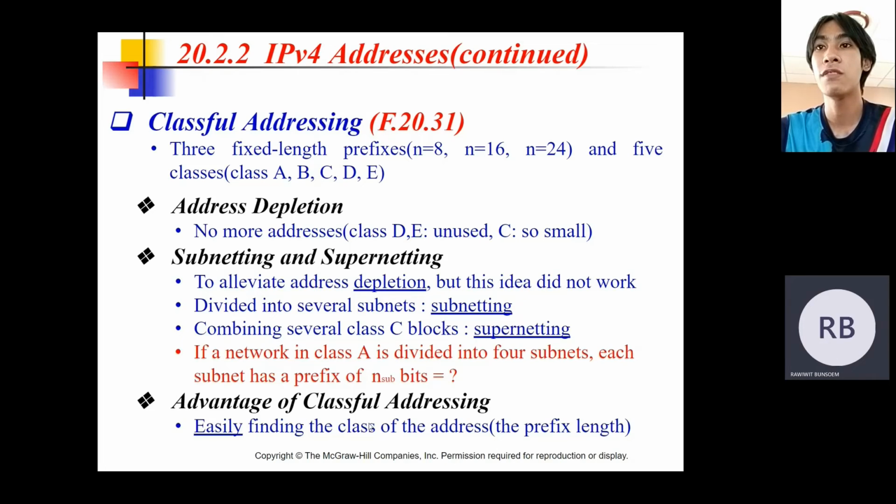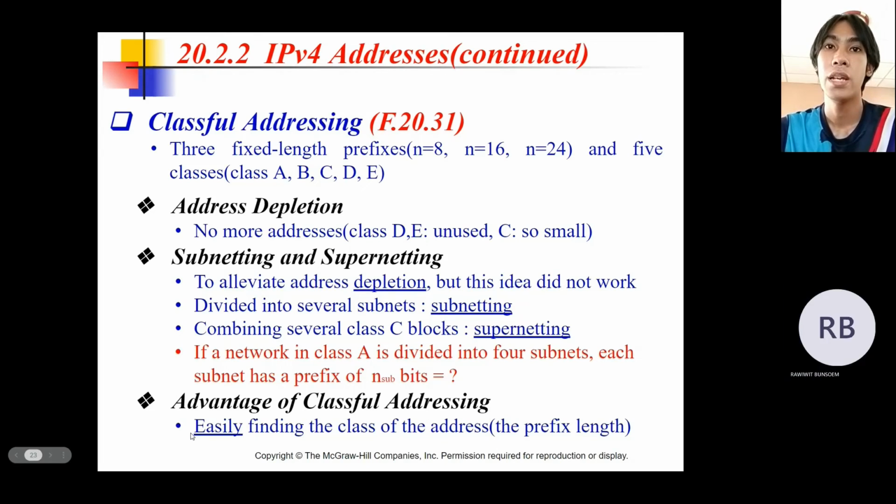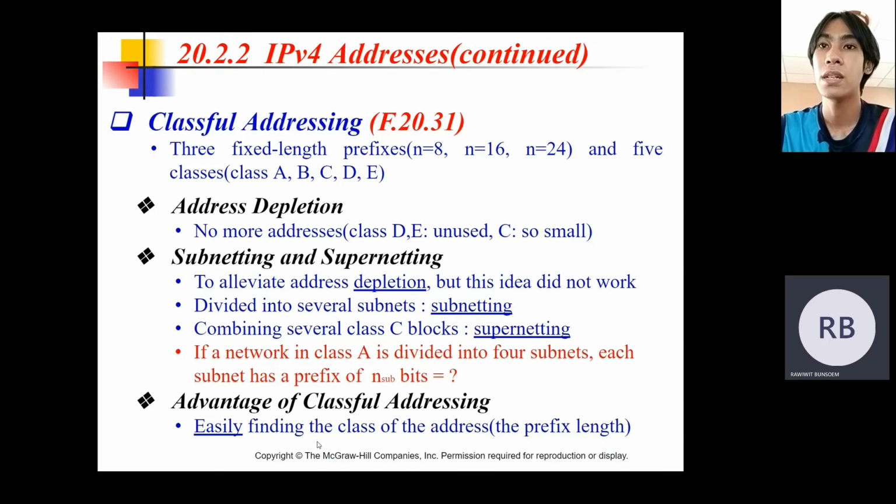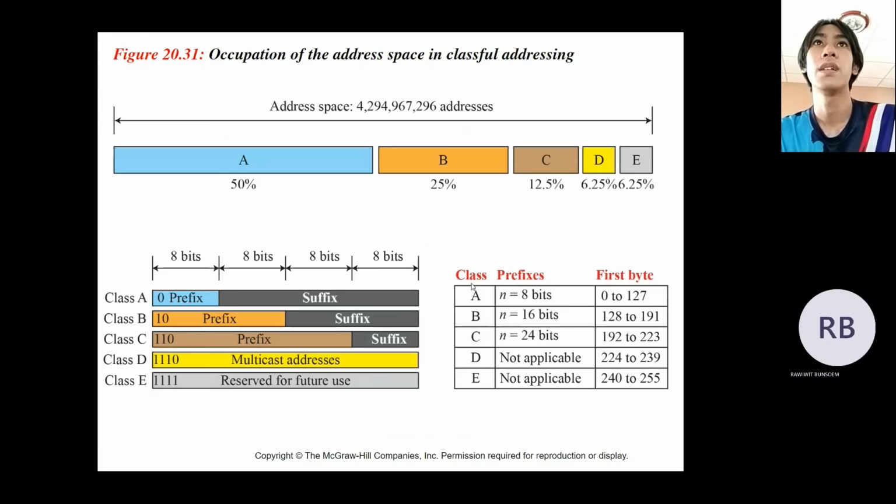The advantage of classful addressing is easily finding the class of an address and the prefix length. Next is the occupation of the address space in classful addressing.